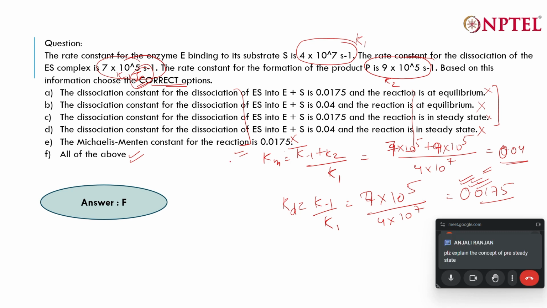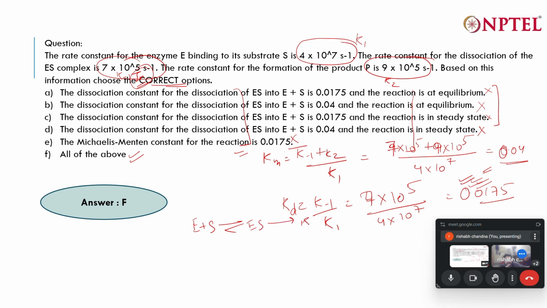So is the explanation clear? So what happens whenever we consider an enzyme reaction, E plus S going to ES, then to E plus P? First we add the enzyme and the substrate.